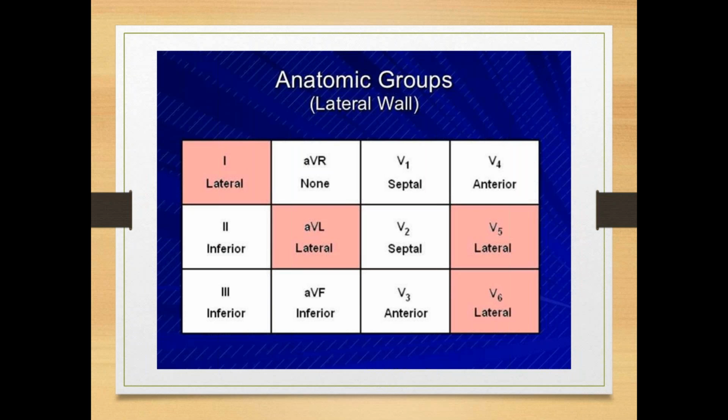Any ST changes in these leads are suggestive of a lateral wall MI. And leads 2, 3, aVF depict the inferior wall of the heart.